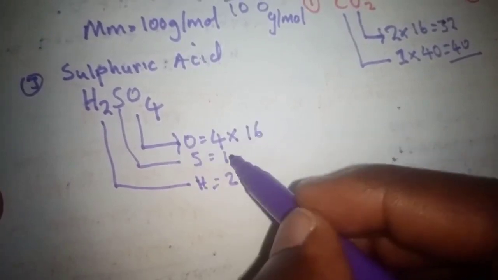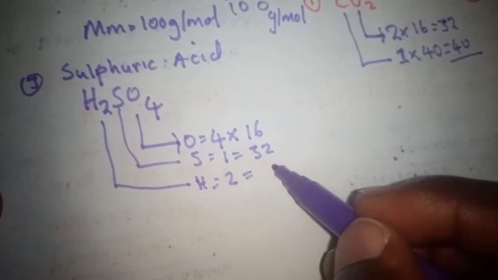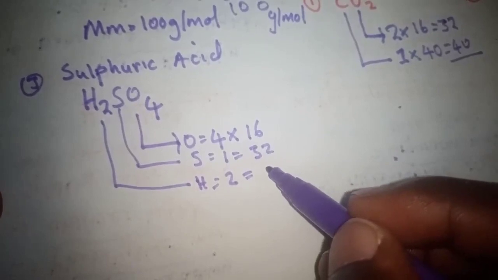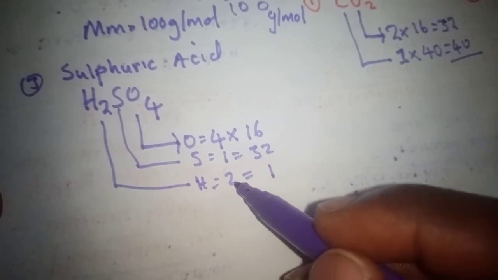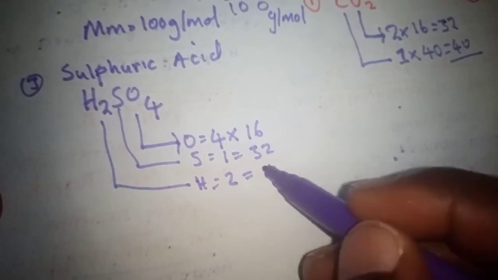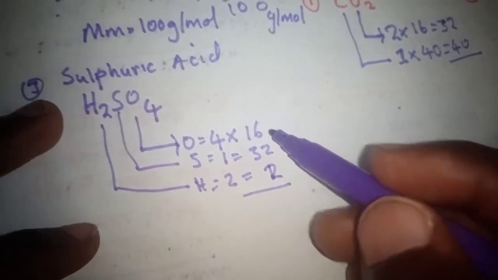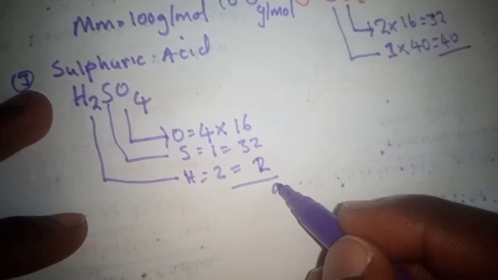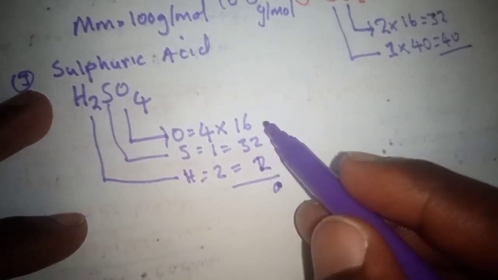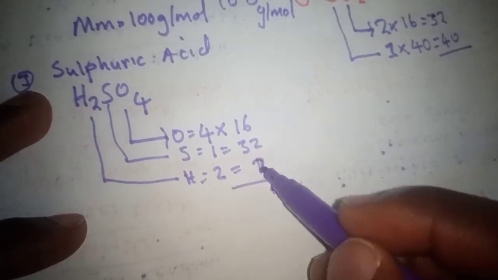Oxygen, the mass number is 16. Sulfur, the mass number is 32. Hydrogen, the mass number is 1.